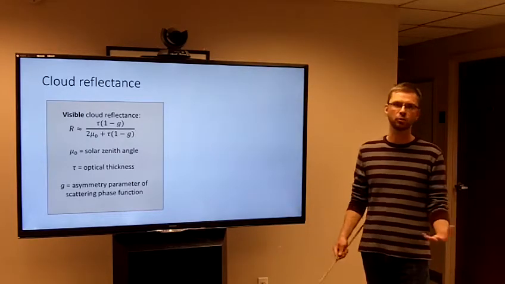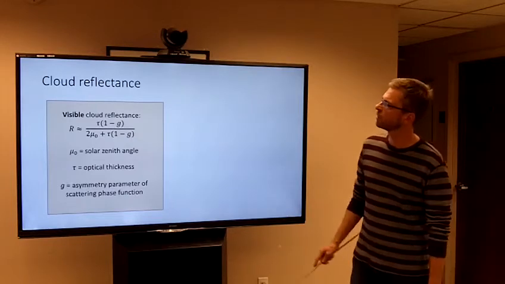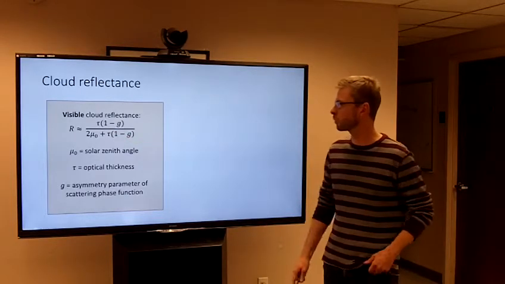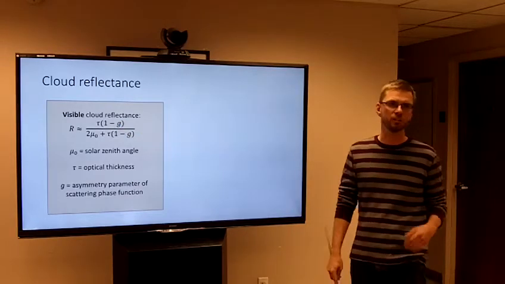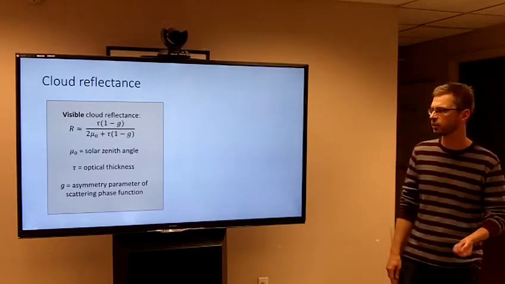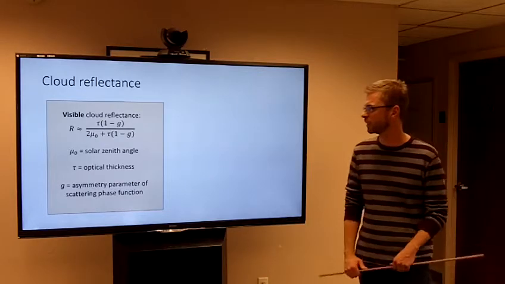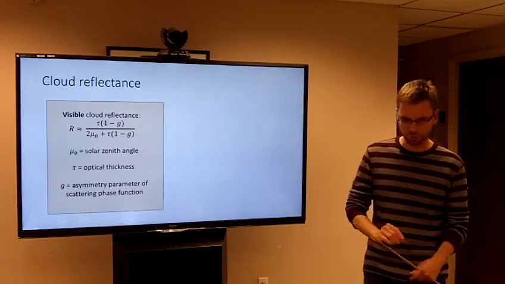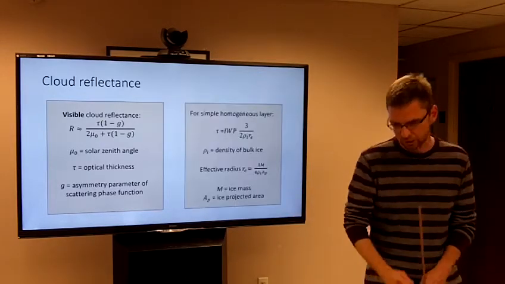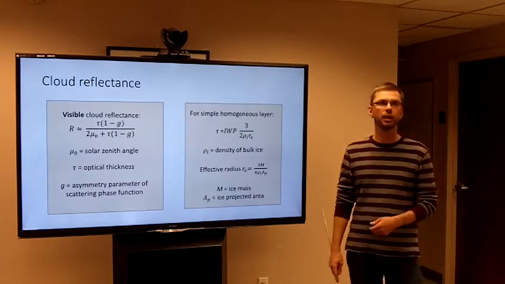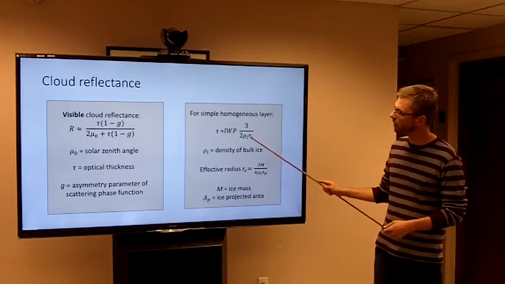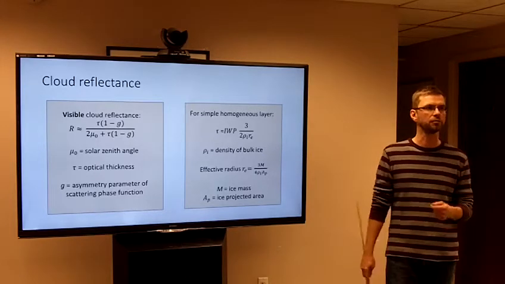So this is in the two-stream approximation. So it really depends on the optical thickness and on this 1 minus g, where g is the asymmetry parameter of the phase function. And I will come back to that later. So we have a very simple formula, and then the optical thickness is really related to the ice water path and the effective radius of the ice.